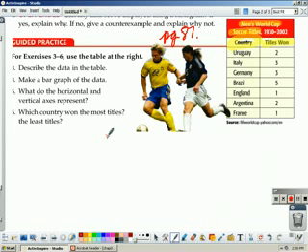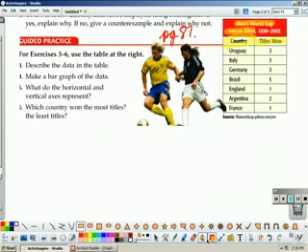Thank you, Kayla. And I want you to draw an x-axis and a y-axis, please.